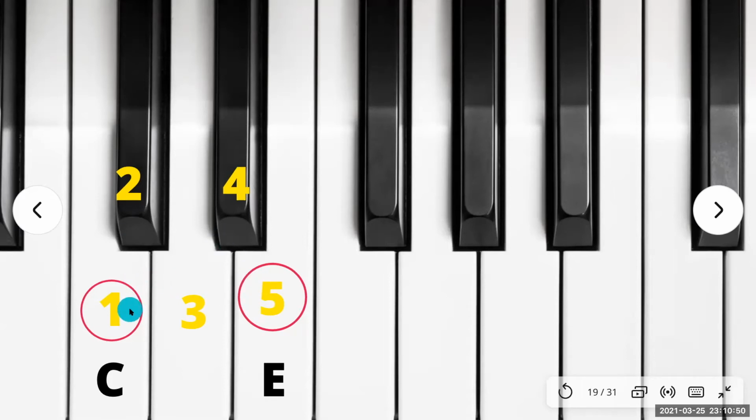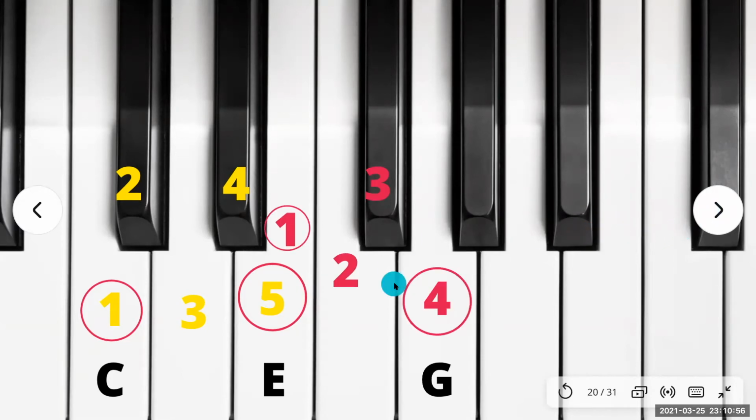So I'm going to hold down the 1 and I'm going to hold down the 5. Now keep it held down. Now we're going to count from that one again. 1, 2, 3, 4. Boom. 5 plus 4 equals a happy chord.